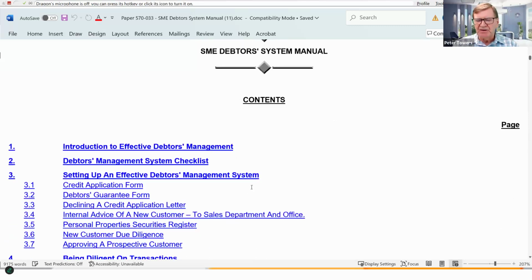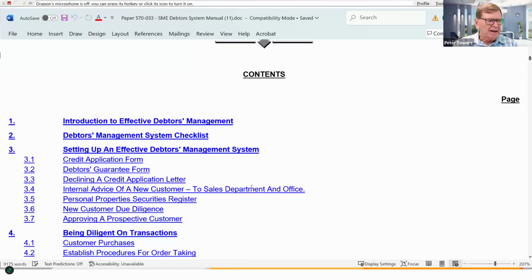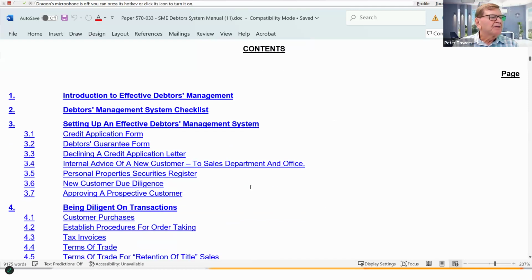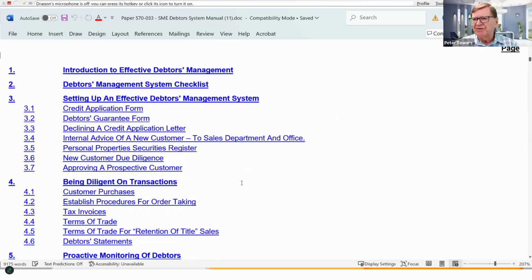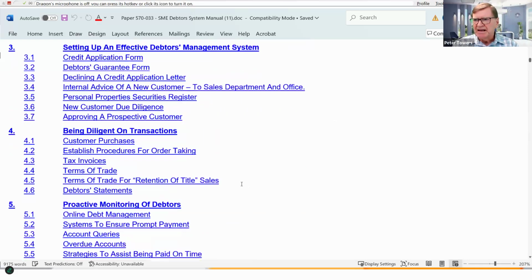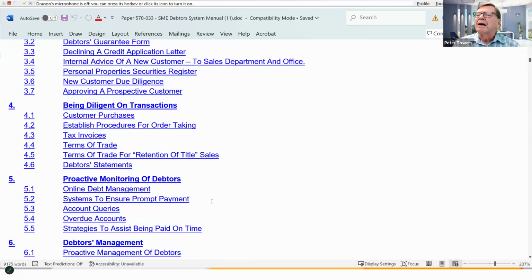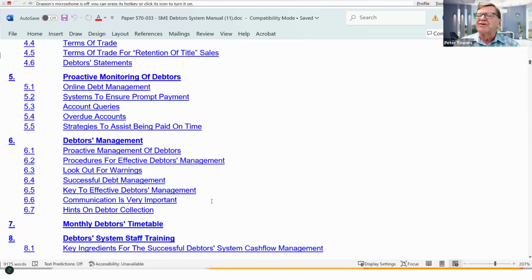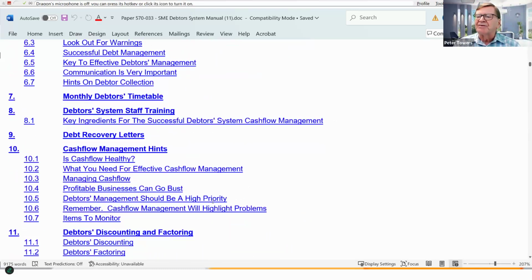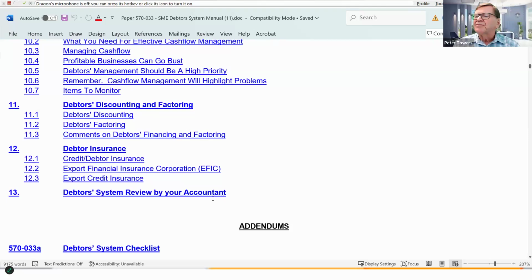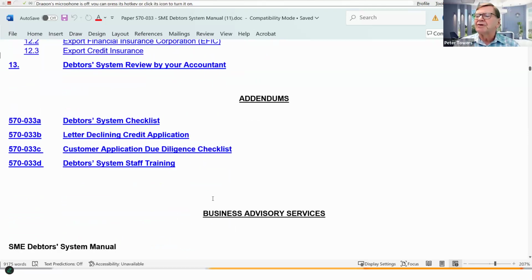There is a set of contents, and these are some of the matters that you would be going through and looking at in that overall package, so that you could understand how the system operates. There's a fair bit in this system, so let me just start working through it with you.